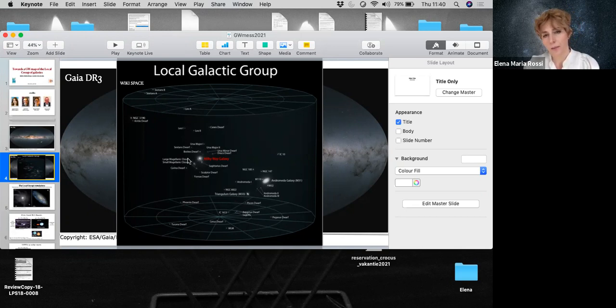And these are the biggest neighbors of the Milky Way, but there is a plethora of satellites that have been discovered during the past decades. In this talk, I will focus on our efforts to reproduce the structure of the Milky Way, the Andromeda Galaxy, and the large Magellanic Cloud. And I won't have time to talk about the smaller satellites.